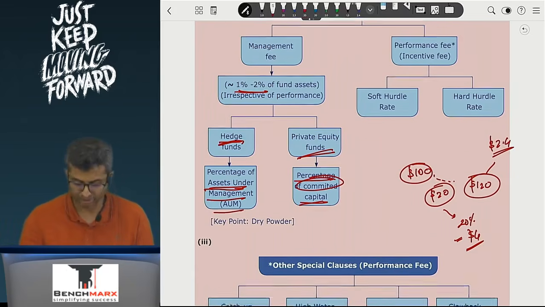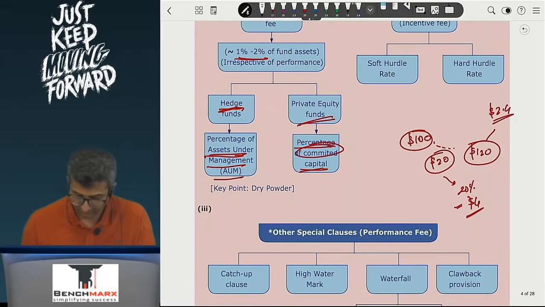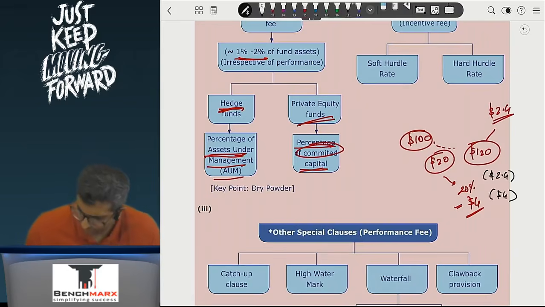Now what can possibly happen is, over here, next year the fund may go down. Let us say today the fund is now 120 million minus 2.4 paid minus another 4 paid. So if I do the calculation, probably this comes to, I'm not sure, 113.6.